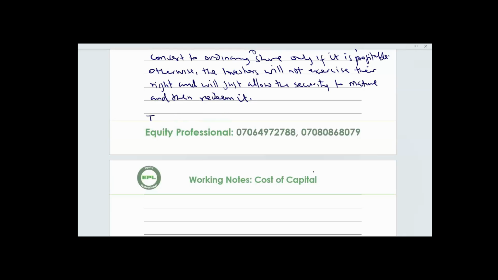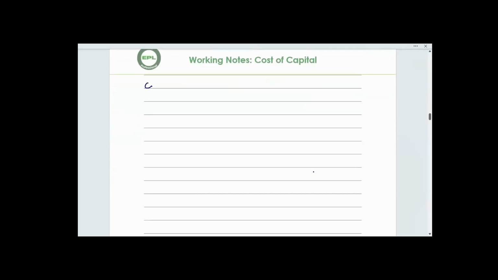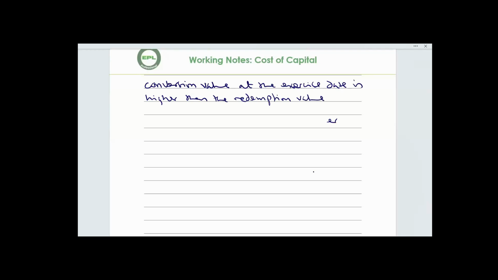The security will be profitable only if the conversion value at the exercise dates is higher than the redemption value. Okay, so that's that.